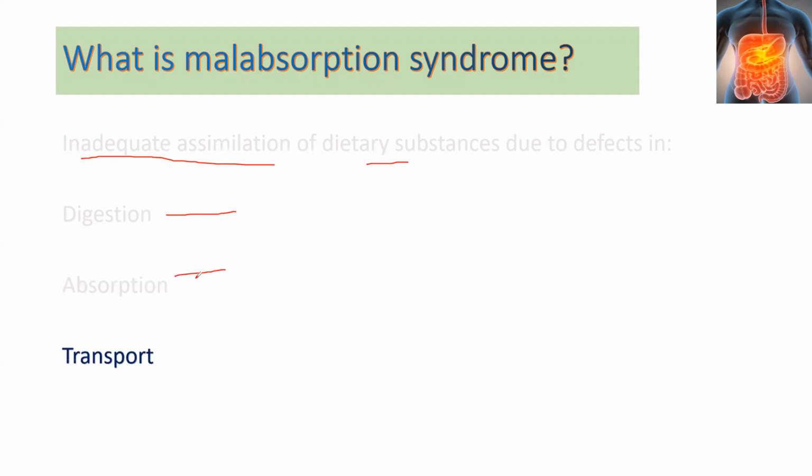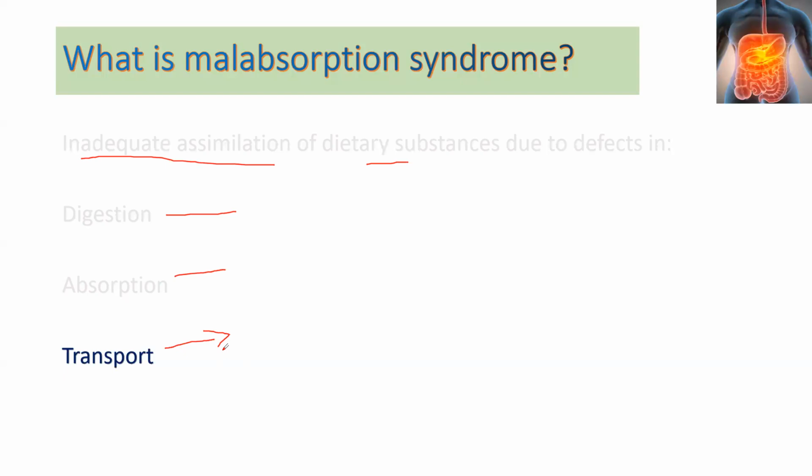Then the transport through the lymphatics: when absorption is done, there is transport of nutrients from the GI to the circulatory system, mostly through the lymphatic system, like the chylomicrons, with the bile acids involved.